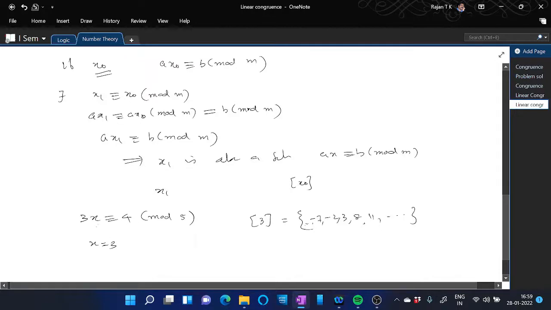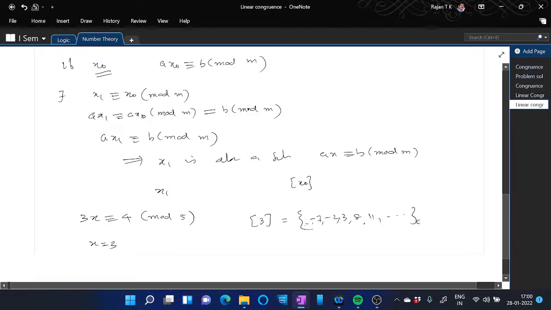So since 3 is a solution to 3x congruent to 4 mod 5, then all the integers which are congruent to 3 modulo 5, that means -7, -2, 3, 8, 11, etc., are also solutions to 3x congruent to 4 mod 5.